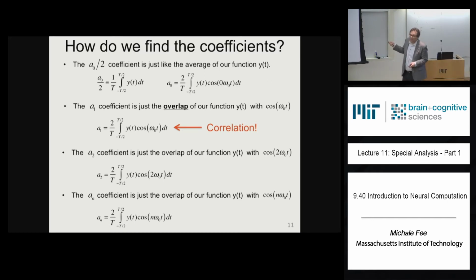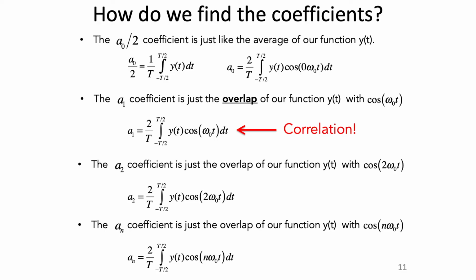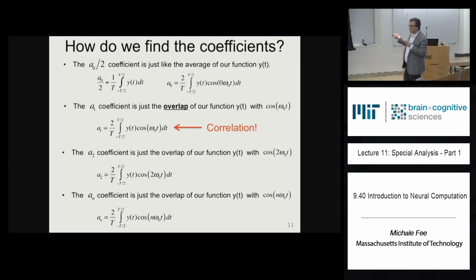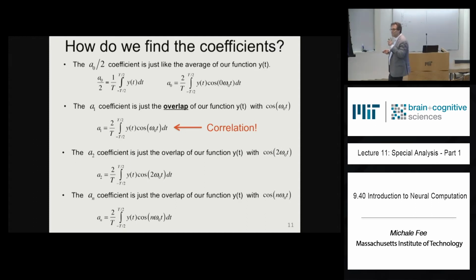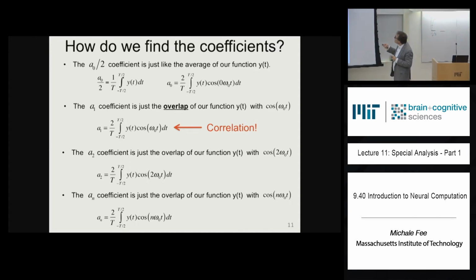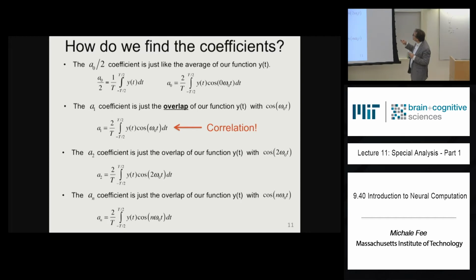And you can see that this average that we took up here is just the generalization of this to the overlap of our function with cosine 0 omega naught t. Cosine 0 omega naught t is just 1, right? And so this coefficient a0 looks the same as this.